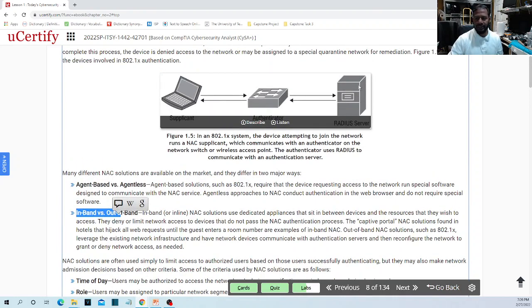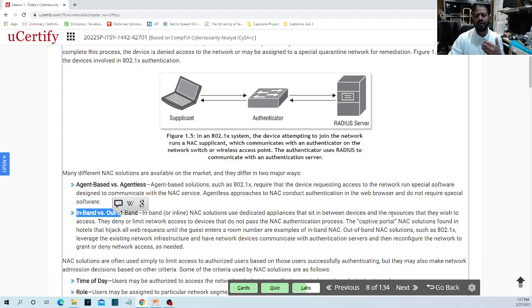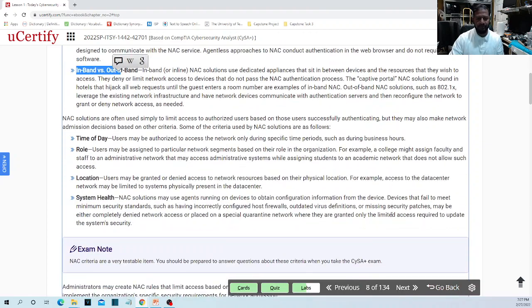I wanted you to see that this one is out of band because you're actually using a server. Go back to the hotel: you're not using an authentication server, just a piece of software in between you and the resource. In this case, you put in a username and password, or whatever it is, and it is authenticated by a server. That is out of band.